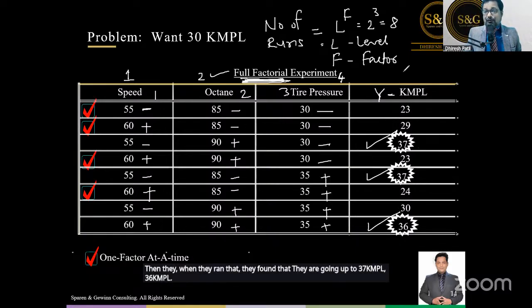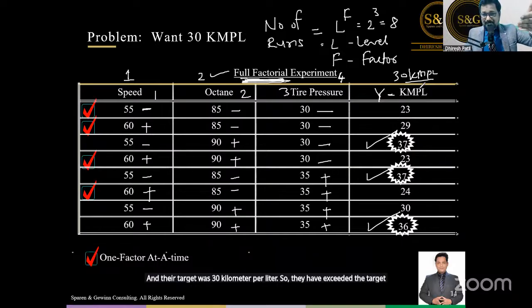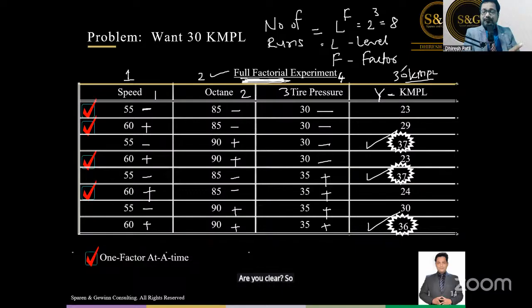And their target was 30 kilometer per liter. So they have exceeded the target with this experimentation. Are you clear? So this is the difference between one factor at a time strategy and this full factorial design.